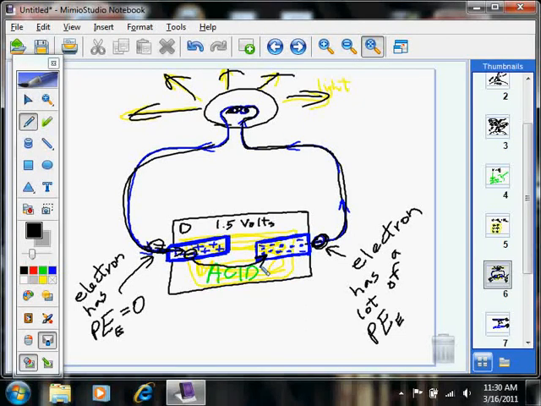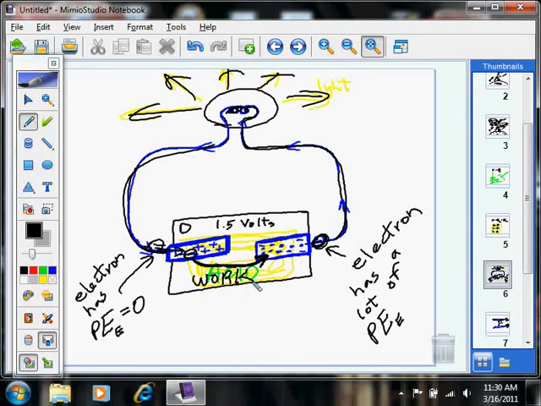The electron's not going to want to leave the positive terminal. Hey, how you doing, positive? I like you, positive, yes? It's not going to want to go back to those negatives. Oh my God, it's so crowded over there. So what is it going to take a lot of to get that electron back over there? A lot of work. Nicely said. It would take a lot of work to get that sucker back over there, yes?